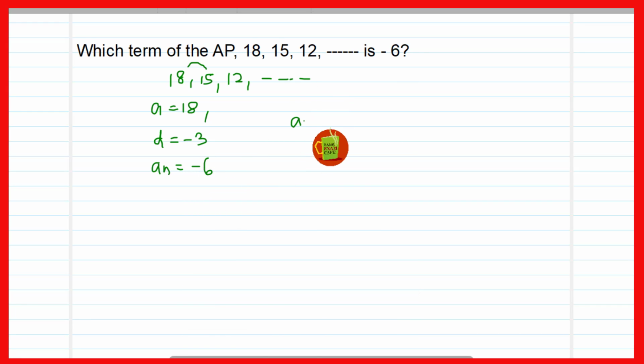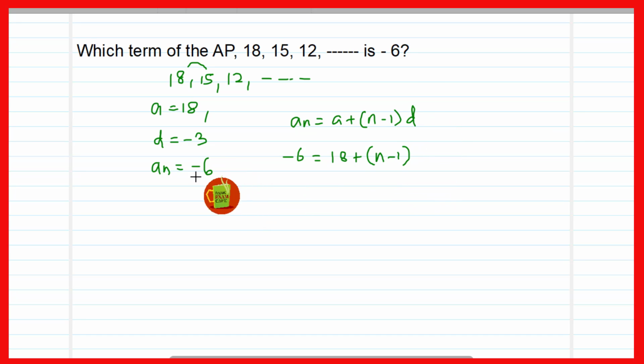Friends, we know that AN is equal to A plus (N minus 1) into D. So AN we know, that is minus 6, which is equal to A, that is the first term, 18, plus (N minus 1) into D, and the common difference is minus 3.